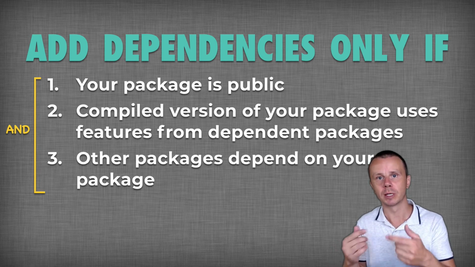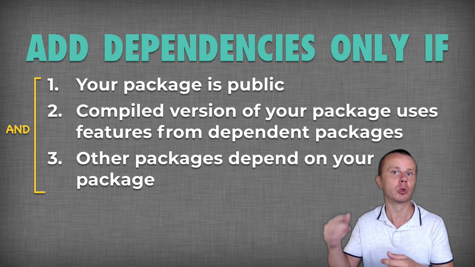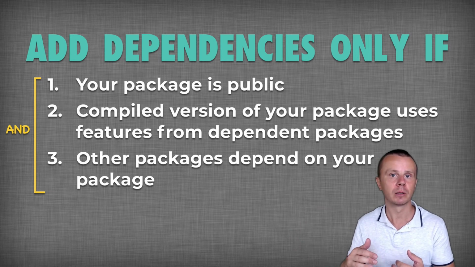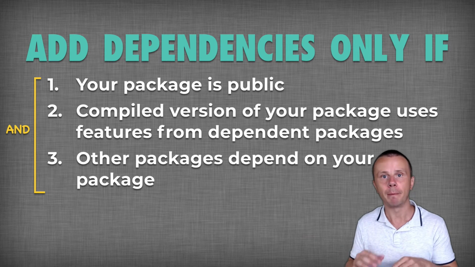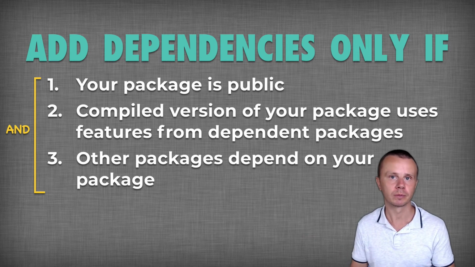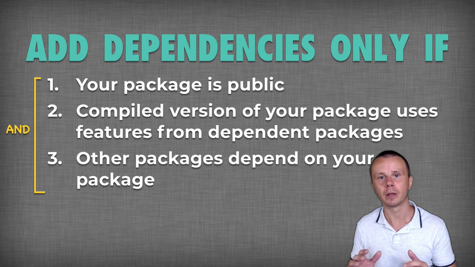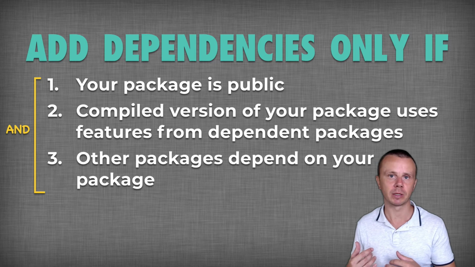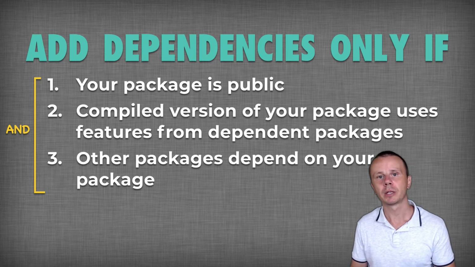But because browserslist depends on functions in the caniuse-lite package, then this package must be installed as well, because otherwise my application will not work. So again, you need to add dependencies and development dependencies when you create a public package.